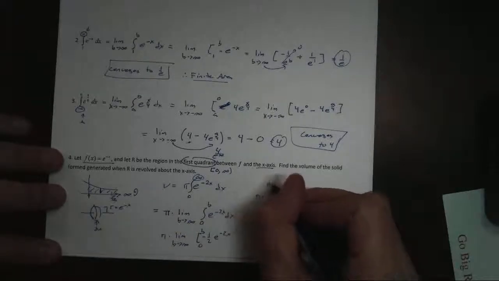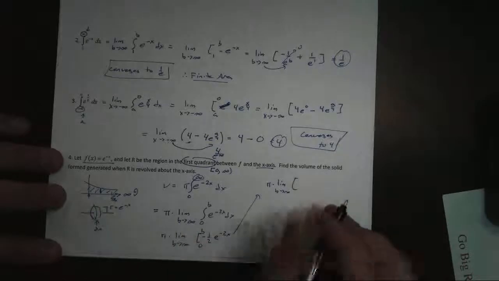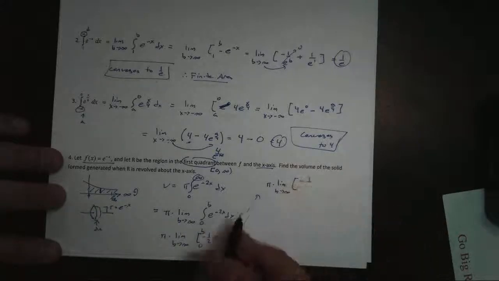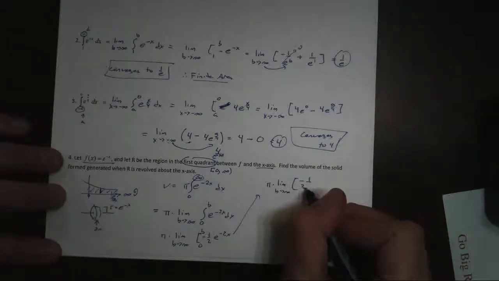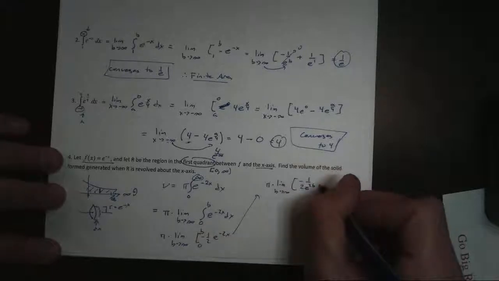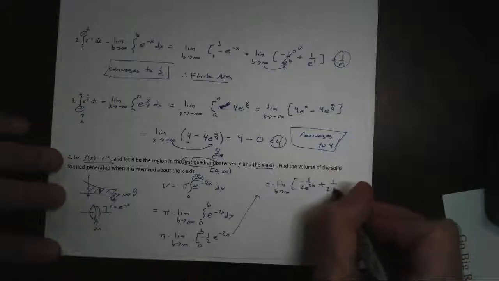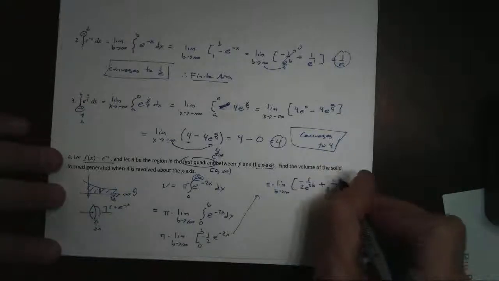Solving it now, pi times the limit as b goes to infinity. Plug everything in, do your FTC, negative 1 over 2e to the 2b, or not 2b, right? Bring it down. I brought it down because of the negative exponent. And if I minus, it becomes a plus because of the double negative, 1 over 2e to the 0.